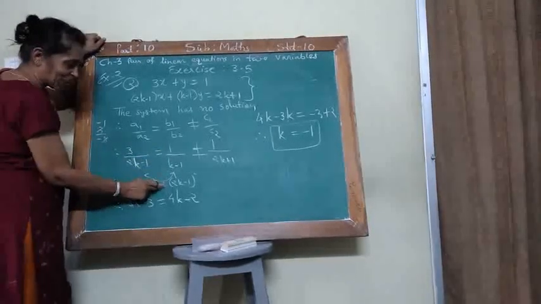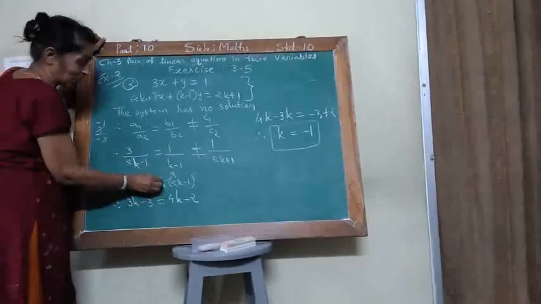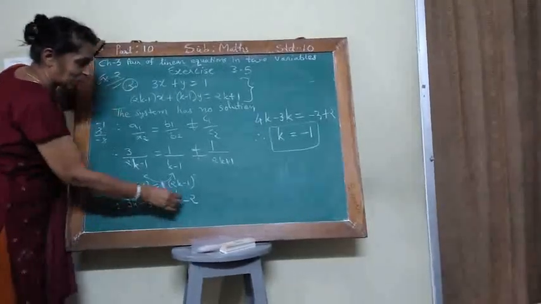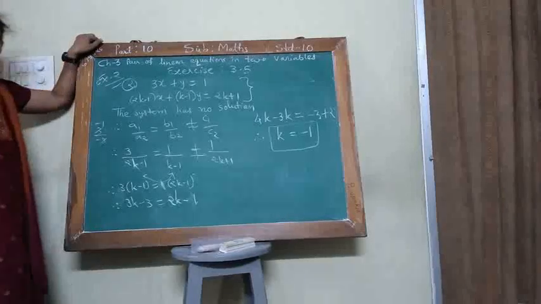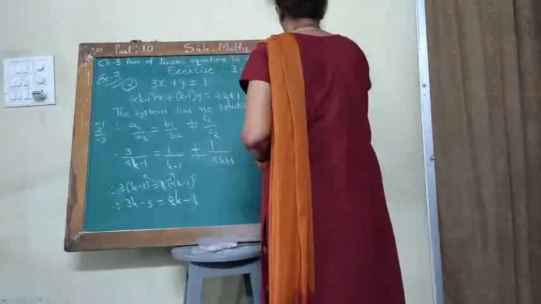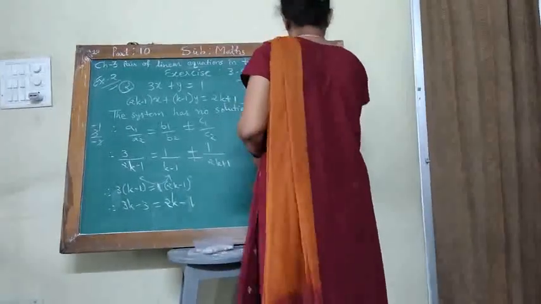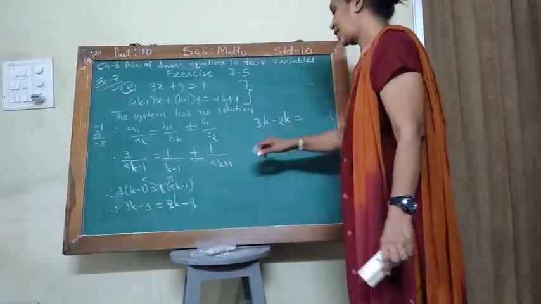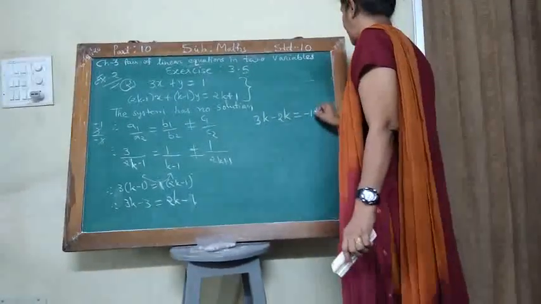Here is 1, so here I put 1. 2, sorry. So yes, very good. 2K minus 1. Okay. Very good. Sorry. 3K minus 2K. Yes. 3K minus 2K is equal to minus 1 plus 3.